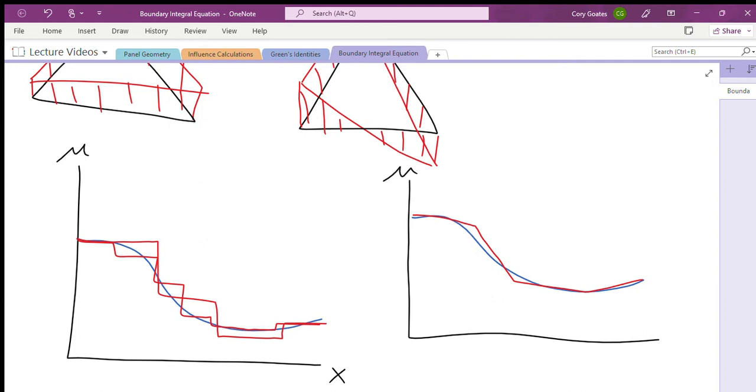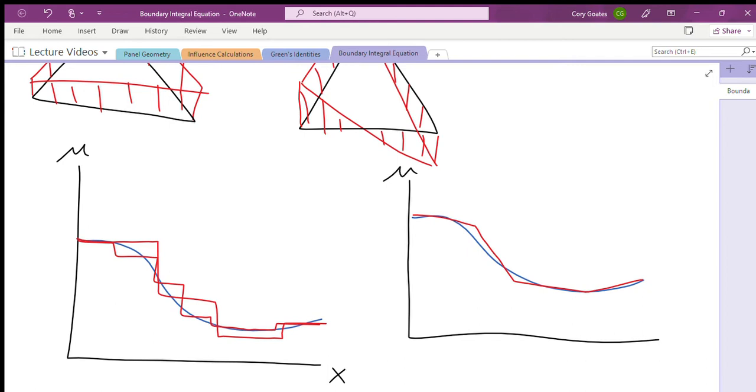So this is, again, a knob that we have to turn when we're developing panel methods. We can look at what configuration we're modeling, what kind of solution we're going for, and what kind of accuracy we want. If we're looking for just a rough estimate of things, then we can get away with a lot more.